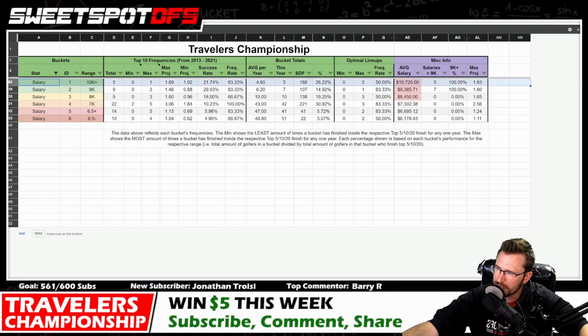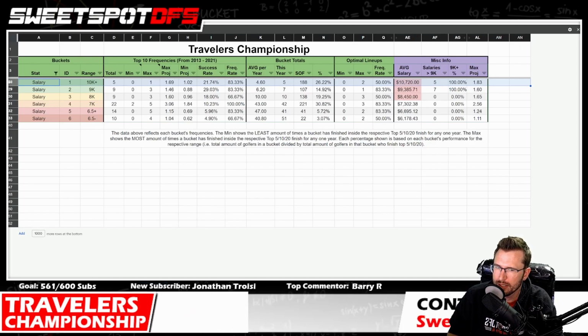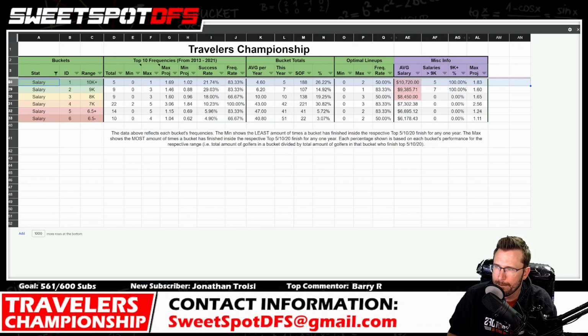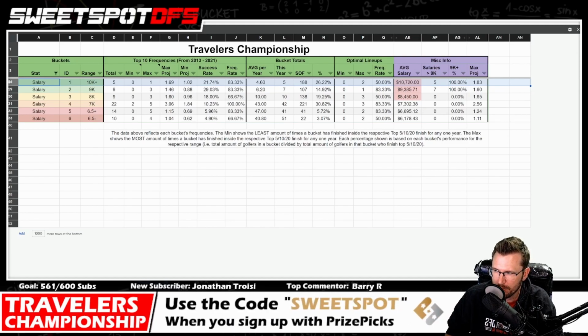And this is really interesting. So the projection is 0 to 2. Normally when we see tournaments that actually provide a 10K golfer inside the top 10, the projections usually line up with it. Like there's 1 to 3 that you want to choose. Sometimes there are only 4 10K golfers and the projections will be like, oh, you want 1 to 3 or 1 to 4.